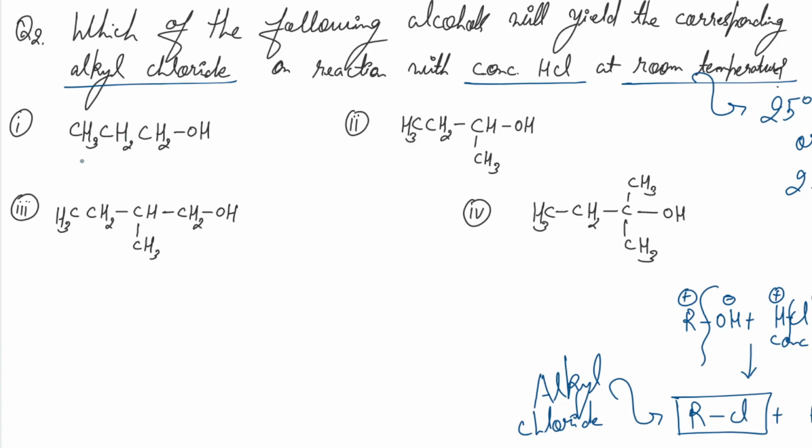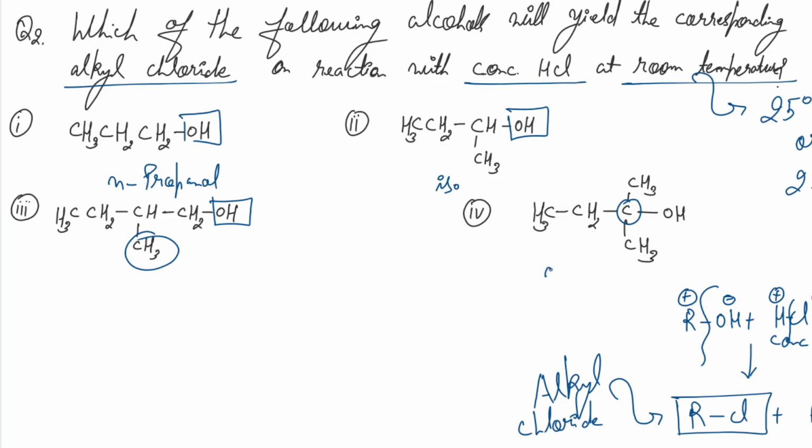The first option is the linear straight chain alcohol, the normal propanol. Again here we have the iso kind of branch, and here we also have a branch, and this is the neo kind of thing, where four different connectivities are there.